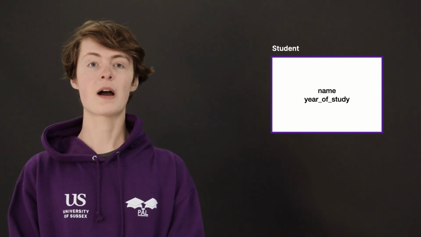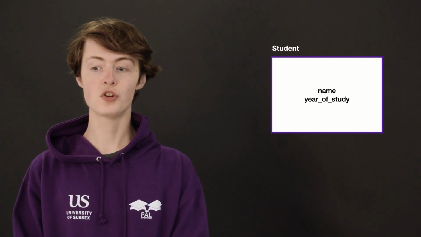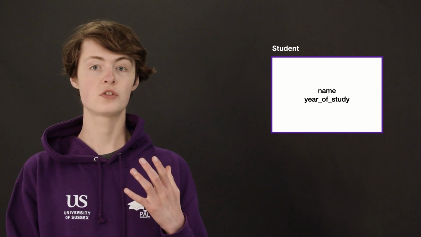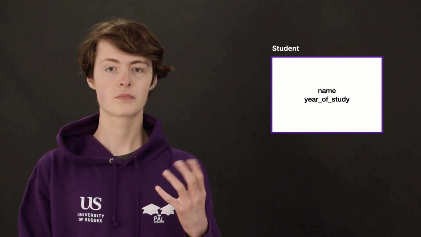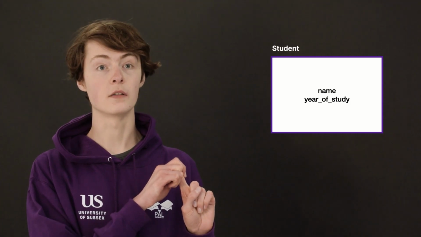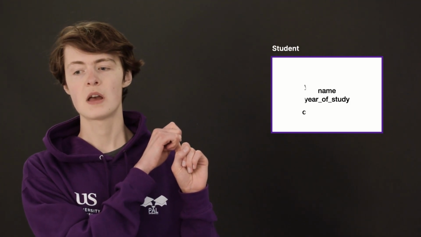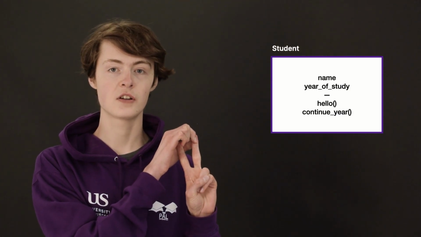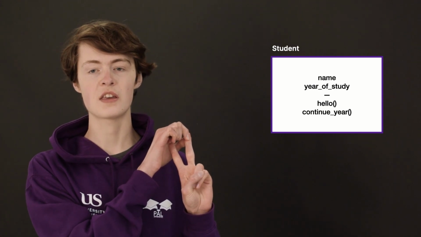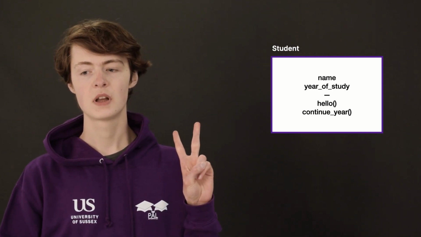Next, we might think about what we want our students to do, or what we want to be able to happen with them. Let's say we want a student to be able to introduce themselves with a short message and to continue on to the next year of their studies, thus increasing their year of study by 1.